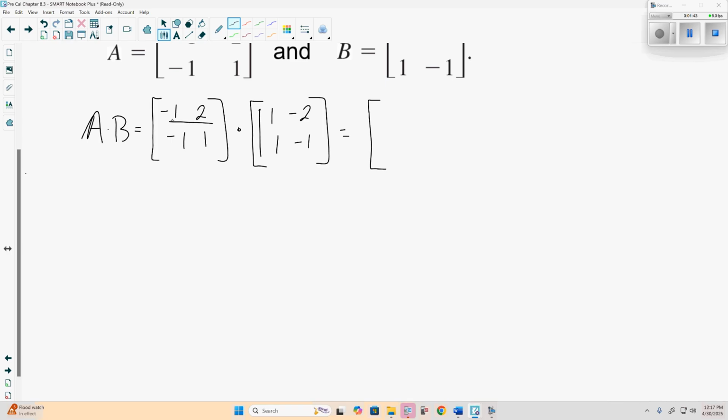So negative 1 times 1 plus 2 times 1 is our first element. And we go over and down again. Negative 1 times negative 2 plus 2 times negative 1.